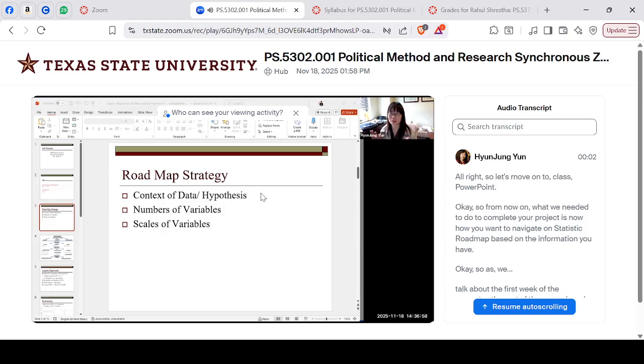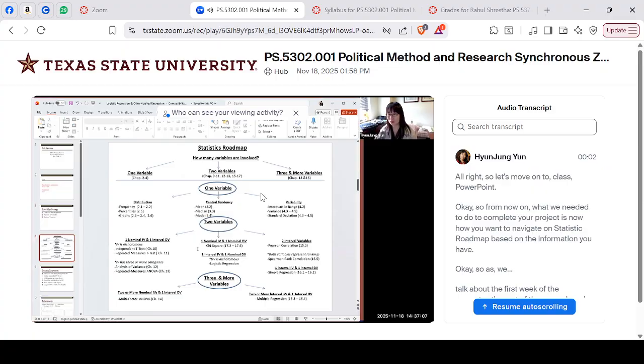That's how to get to the right places in the statistical roadmap.